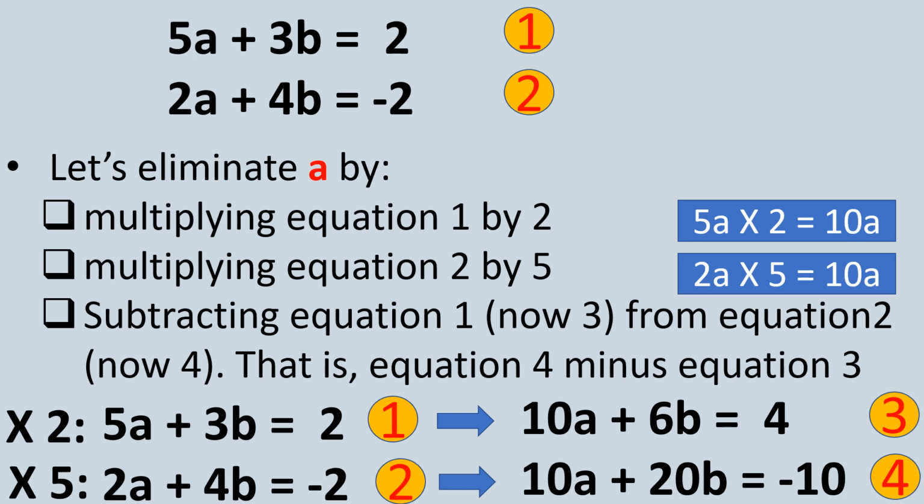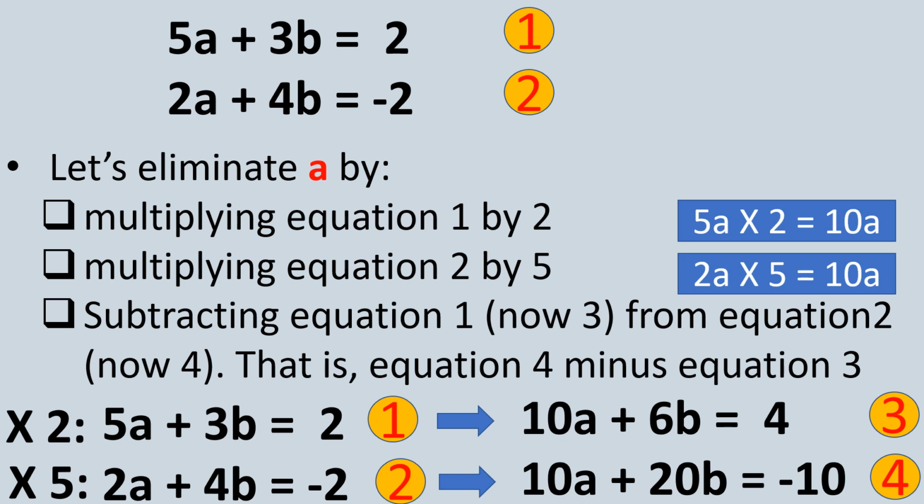And then if you look at equation 2 on the bottom left, we are multiplying by 5 each of the components, and we now have 2A times 5, which gives us 10A, and then 4B times 5, which gives us 20B, and then the constant minus 2 multiplied by 5 gives us minus 10 on the right hand side.